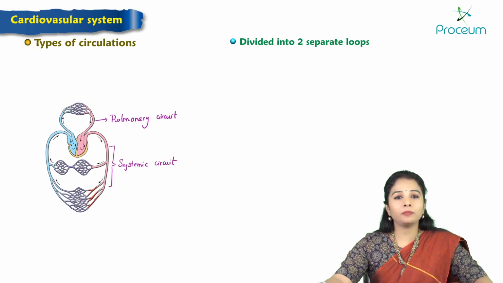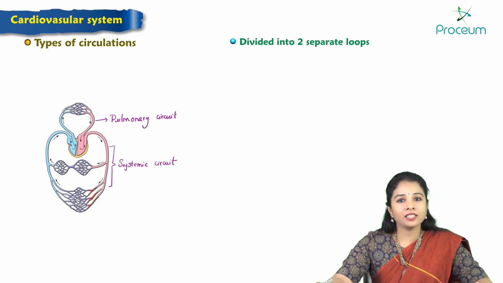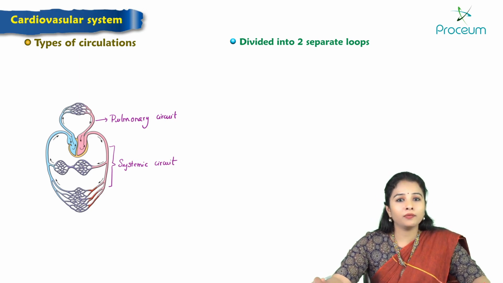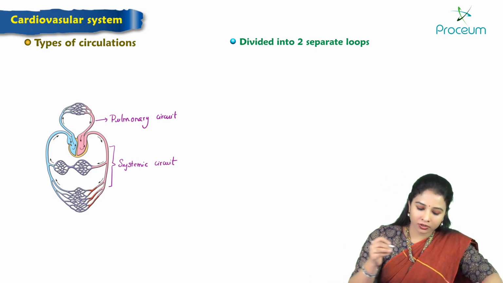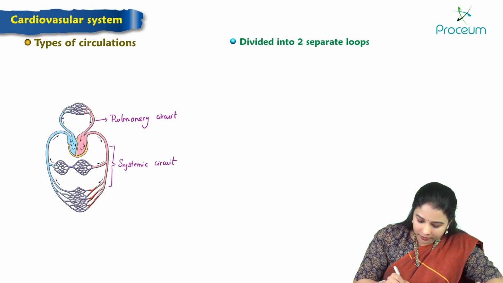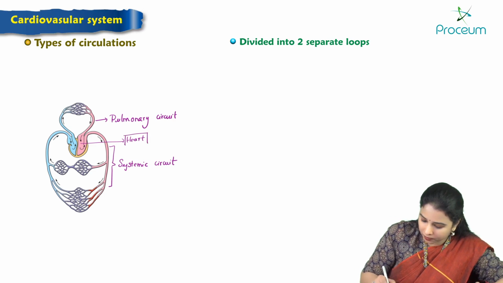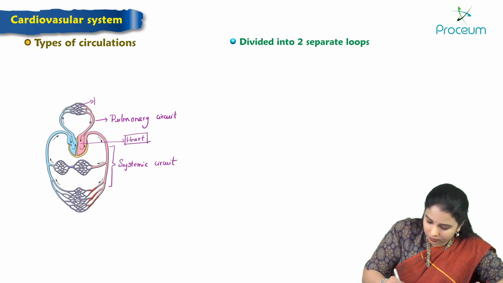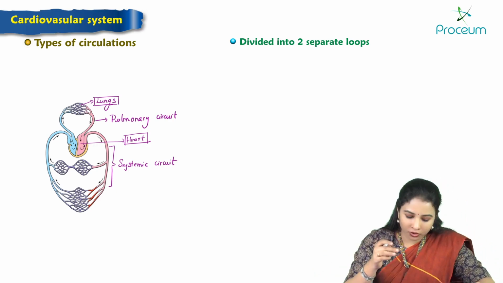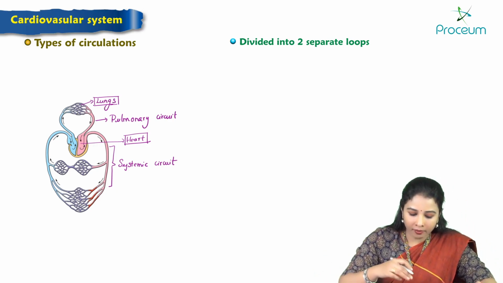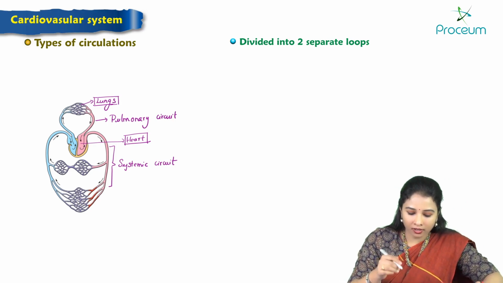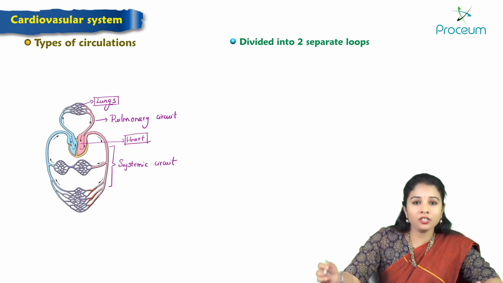The shorter pulmonary circuit exchanges blood between the heart and the lungs. This is the heart here in the image, and we can see the distribution to the lungs.